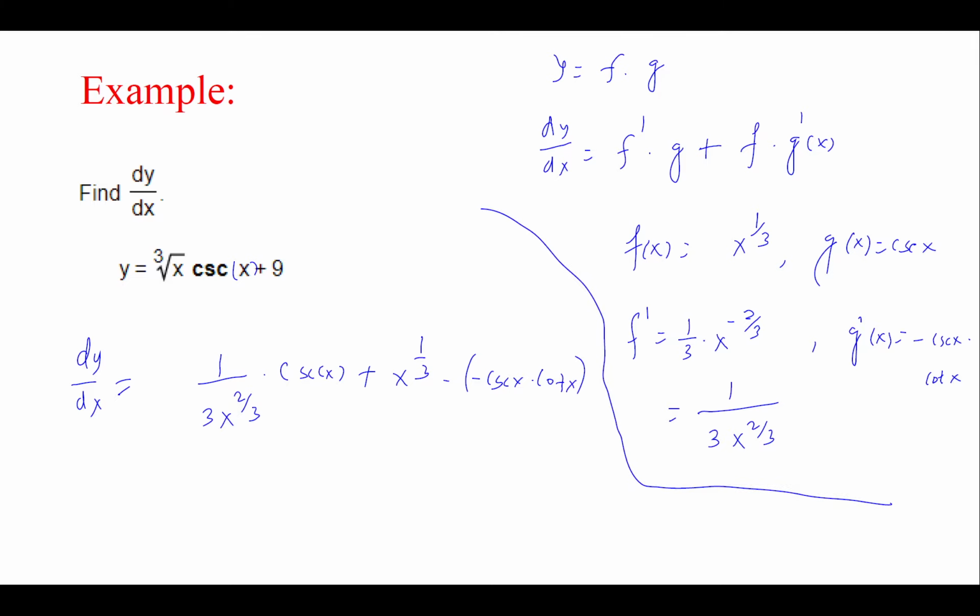You can write it as it is, or simplify it: cosecant x over 3x to the power 2/3 minus x to the 1/3 times cosecant x cotangent x. You can go one step further and make it one denominator, or just leave it as is, depending on the instructions in the problem. But that is the derivative.